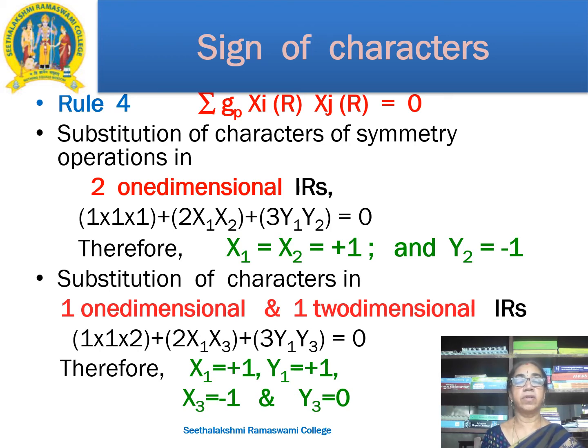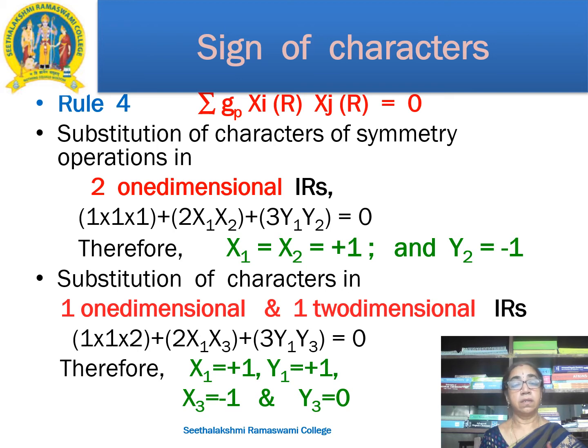On solving the equation, it is arrived at that x1 is equal to +1 and x2 is also equal to +1 and y2 is -1. That is, the character of the C3 symmetry element in the two one-dimensional IRs is 1 and the character of the sigma V symmetry element in the second one-dimensional IR is -1.